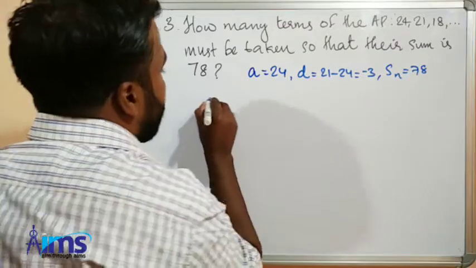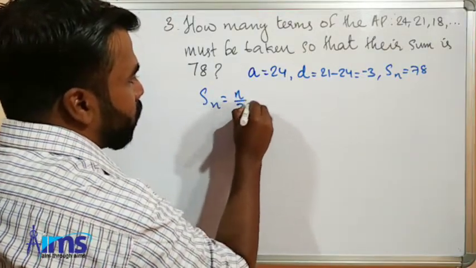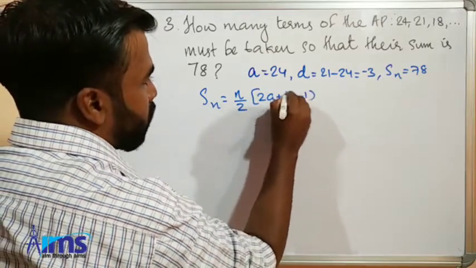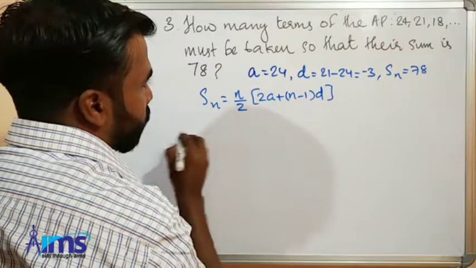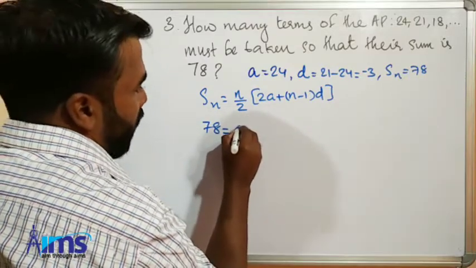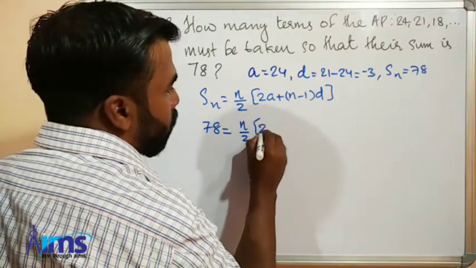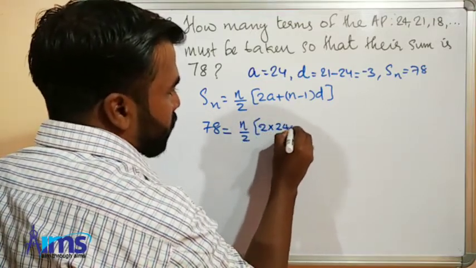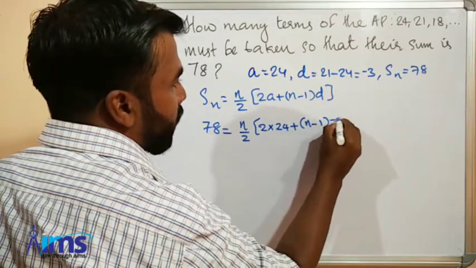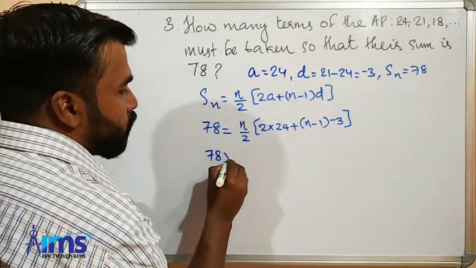So what we know? Sn is equal to n by 2 into 2a plus n minus 1 into d. So which is 78 is equal to n by 2. n we don't know. n by 2 into 2a, 2 into 24, plus n minus 1 into d is minus 3. So which is 78 into 2.